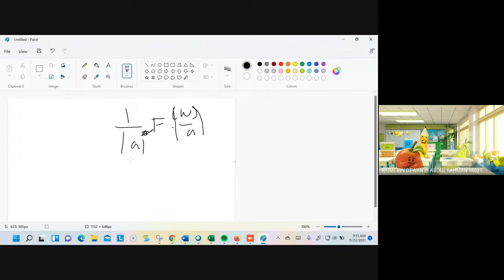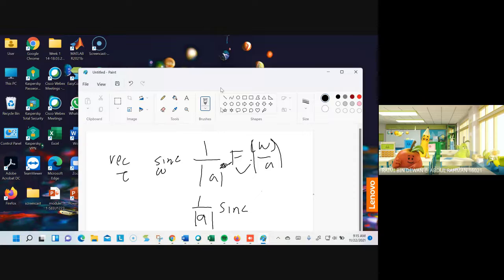So you're going to have 1 over A, and then this is the Fourier transform. If your signal is a rectangular in the time domain, in the frequency domain it will be a sinc signal, with the change of omega over A inside.